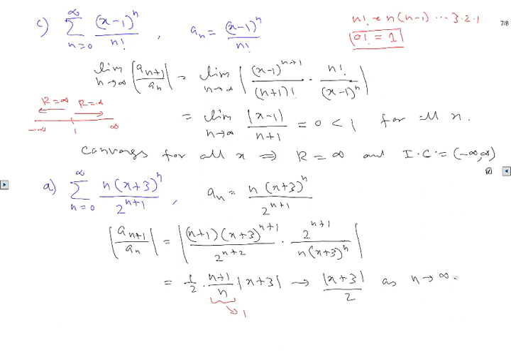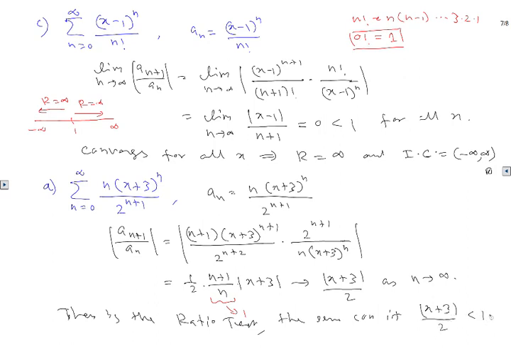So by the ratio test, as before, the series converges if that limit, absolute value of x plus 3 over 2, is less than 1.